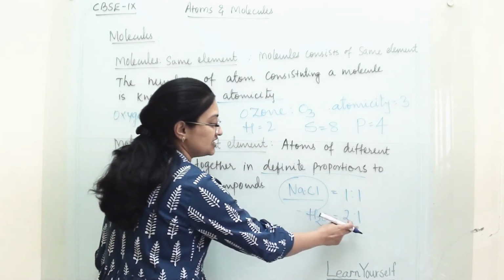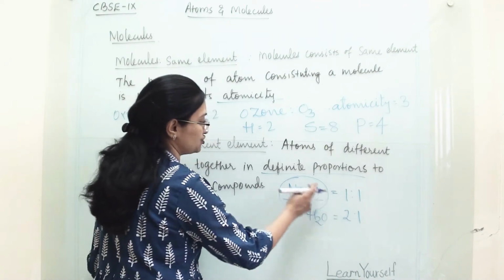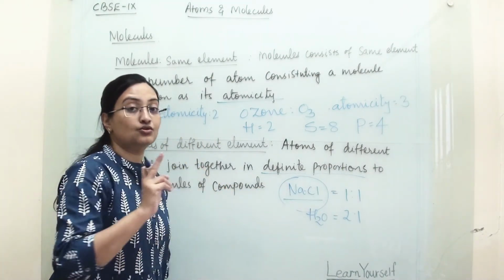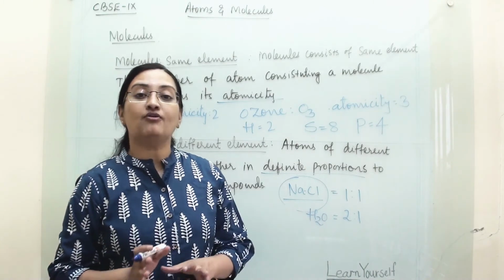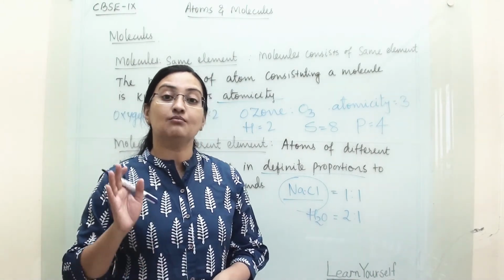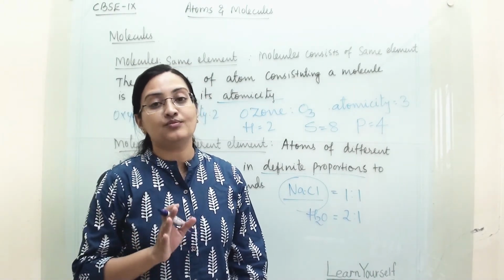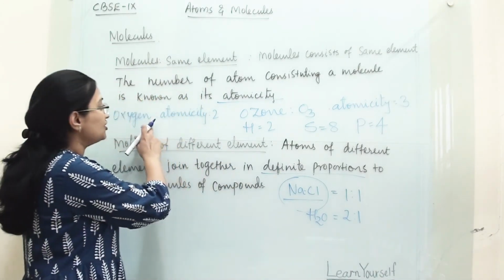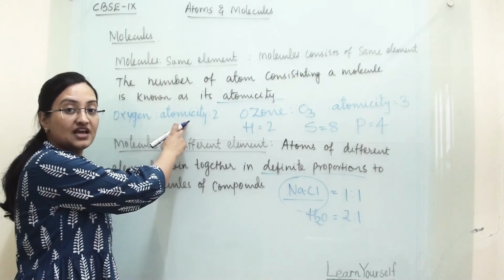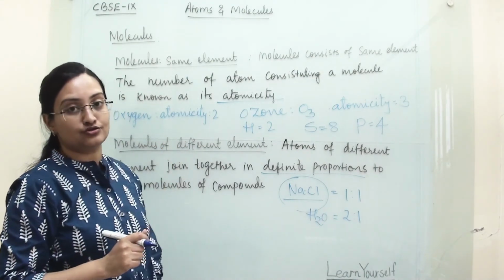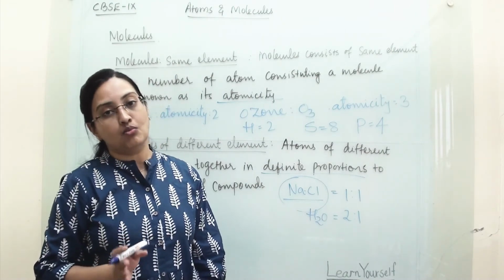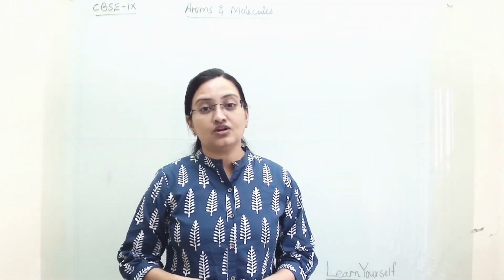So this is known as definite proportion to form molecules of a compound. So compounds are made up of different elements, whereas molecules form from the same kind of element. And in a molecule we check its atomicity also, that is, how many atoms are combined in one particular molecule. So this is all about atoms.